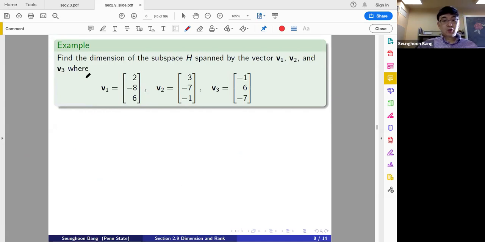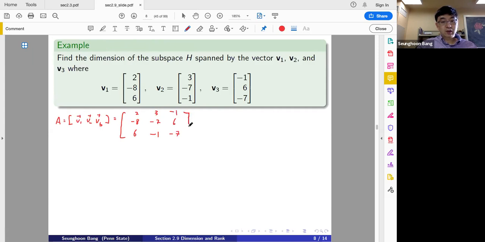So here, how can we solve it? We can make one matrix A by using v1, v2, v3. Matrix A is exactly the vector v1, the vector v2, the vector v3. This is the same as the matrix with rows 2, -8, 6; 3, -7, -1; -1, 6, -7.